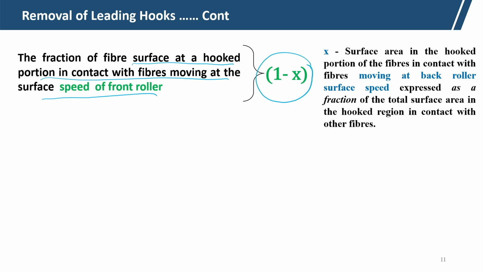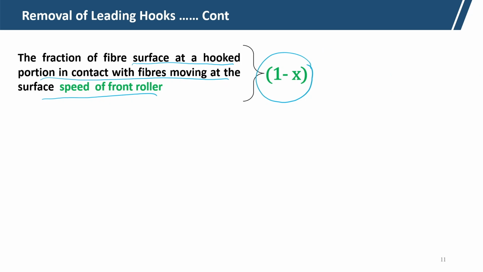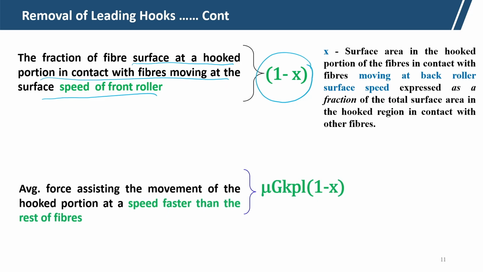So, let us see the assisting force: the average force assisting the movement of the hook portion at a speed faster than the rest of the fiber. In place of x we use 1 minus x, and that is the assisting force. Now, hook removal will only happen if the assisting force is more than the resisting force.